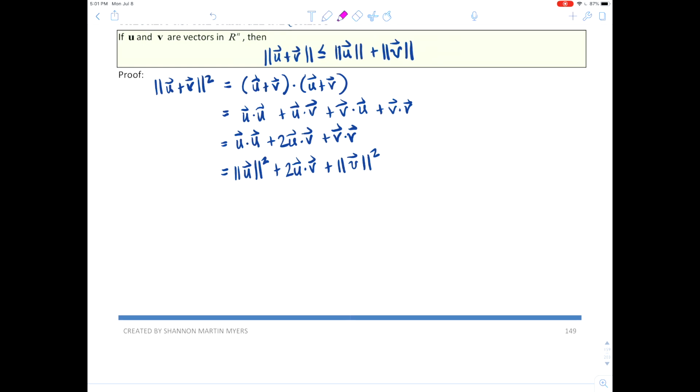Okay, so what we've done here is we've said these are equivalent. So now let's start our new thought. So the magnitude of u plus v squared has to be what by the Cauchy-Schwarz? What did Cauchy-Schwarz say? Remember?